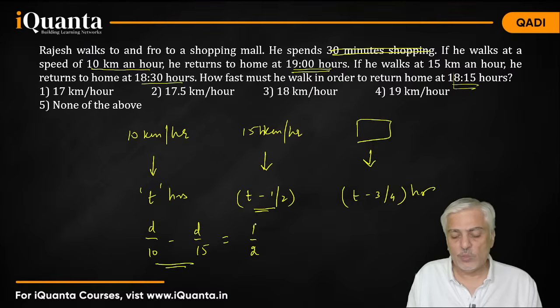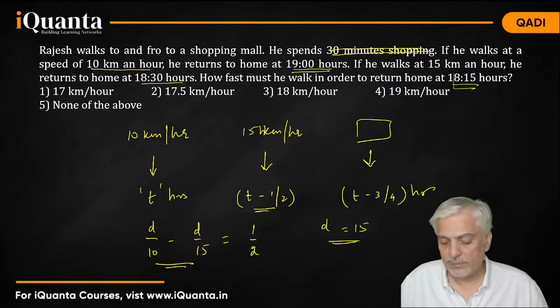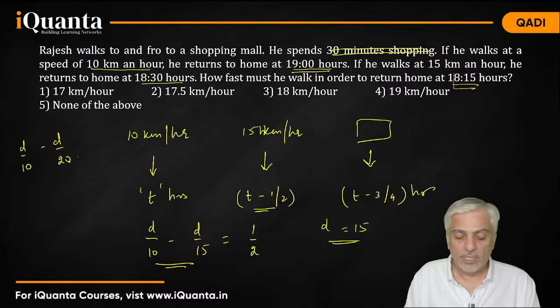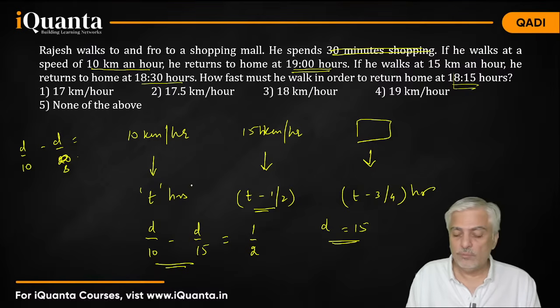LCM is 30. So 3d minus 2d is d. d upon 30 is half. So d is 15. Right? d is 15, and then solve it with the third part. So d upon 10 minus d upon s, and the time difference is 45 minutes. 45 minutes is 3/4 of an hour.